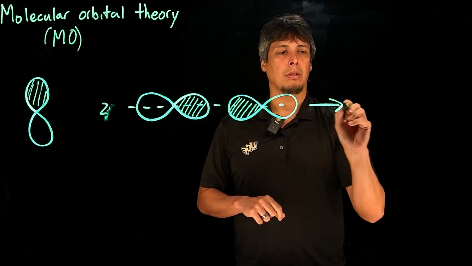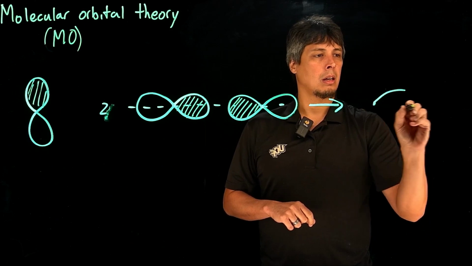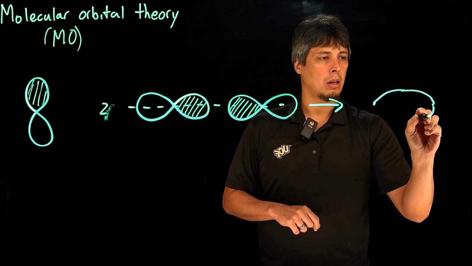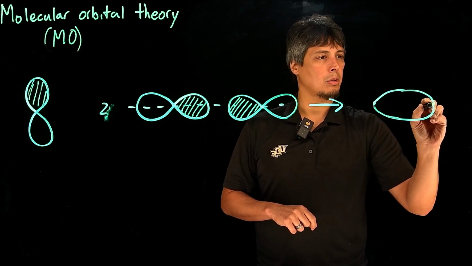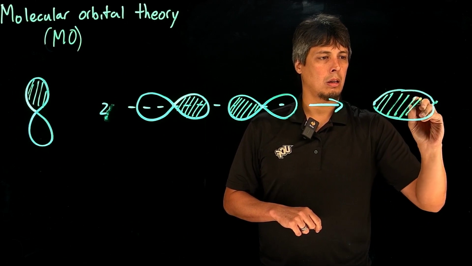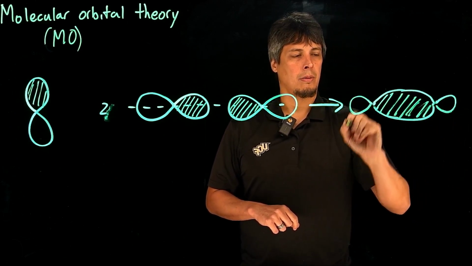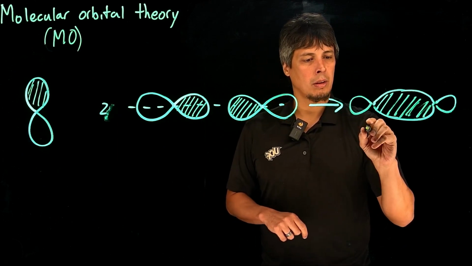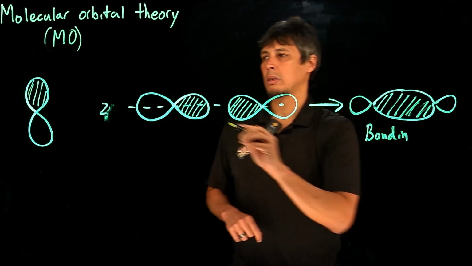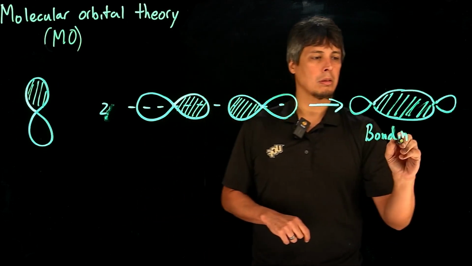And so what we end up with is, we still have these nodal planes, and we have a resulting bonding orbital between these two pz orbitals.